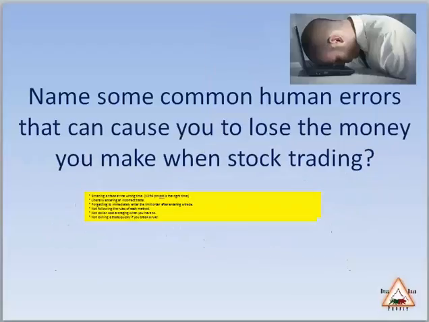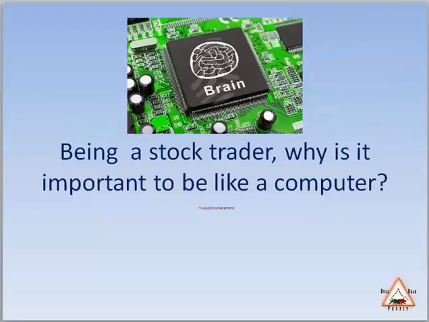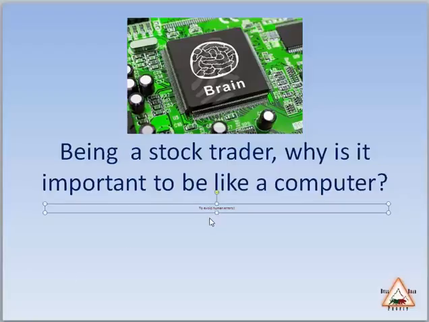All right. We talked about the human errors. Here's the next question. Being a stock trader, why is it important to be like a computer? Because you gotta avoid human error. You gotta hit the button at the right time. I like it.